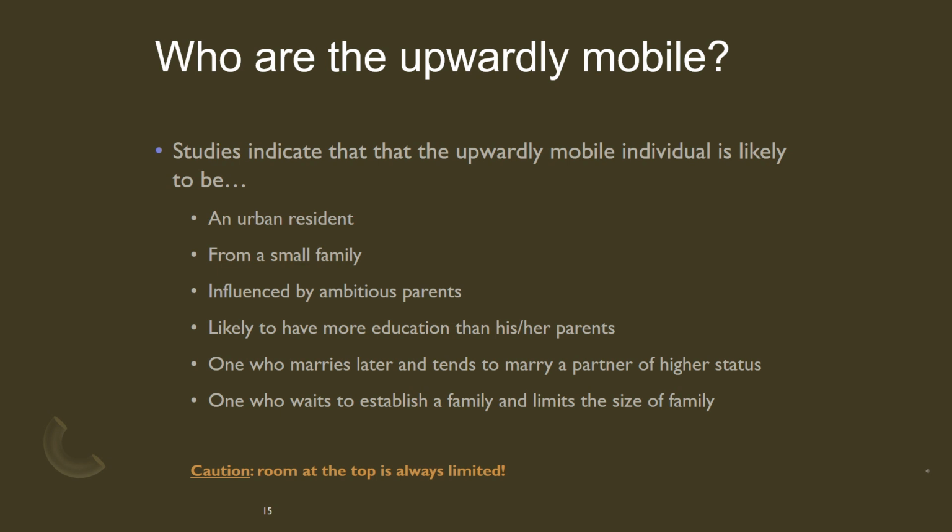The upwardly mobile individual is likely to be an urban resident, comes from a small family, is influenced by ambitious parents, is likely to have more education than his or her parents, marries later and tends to marry a partner of higher status, and waits to establish a family and limits its size to no more than two children. Thus, we might even have to fight our way to the top.